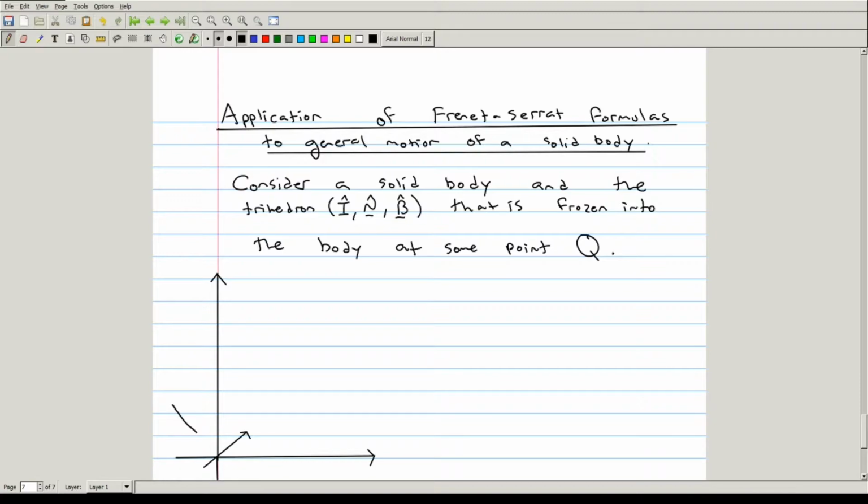So we'll start by drawing this. Trajectory.